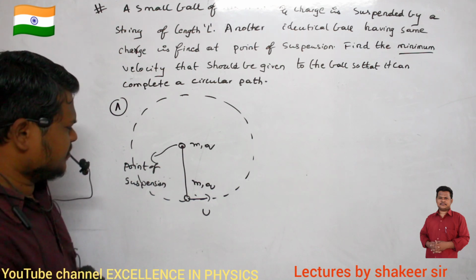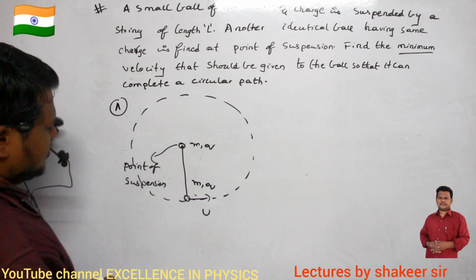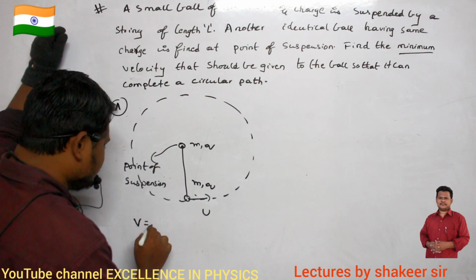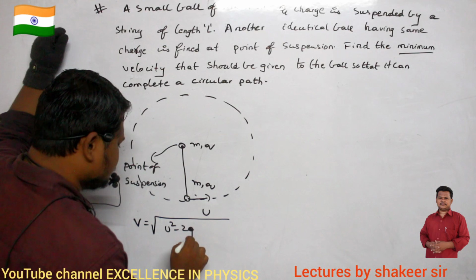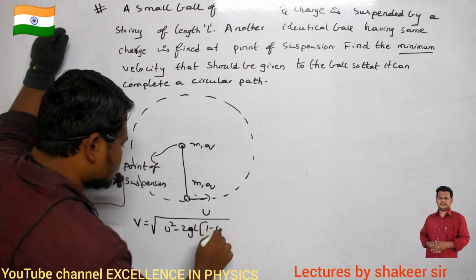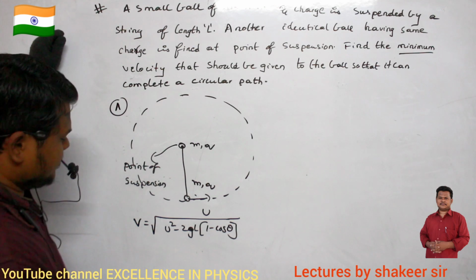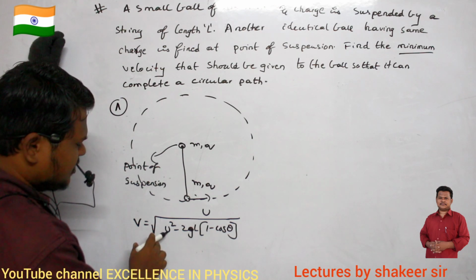Similarly, for the final velocity of a particle, we found one equation: v is equal to the square root of u square minus 2gl into 1 minus cos theta. This was the relation we studied previously. In this equation, u is the initial velocity.